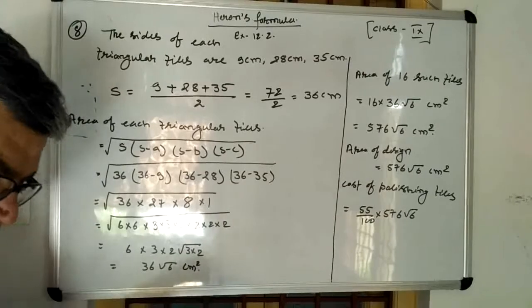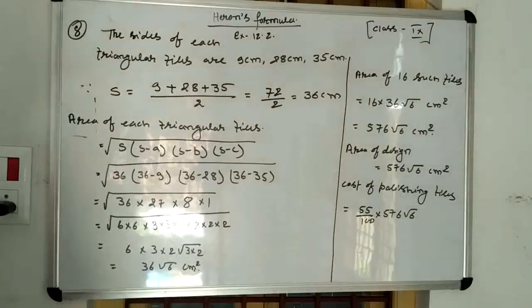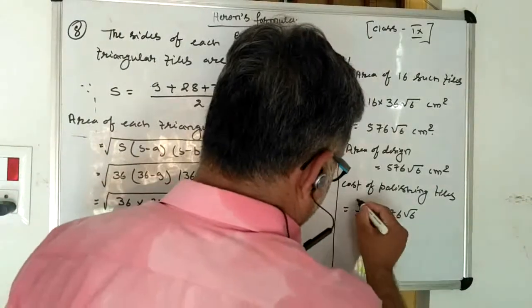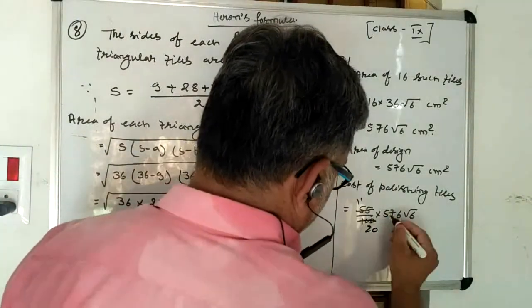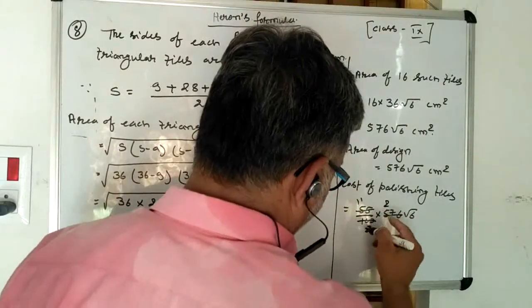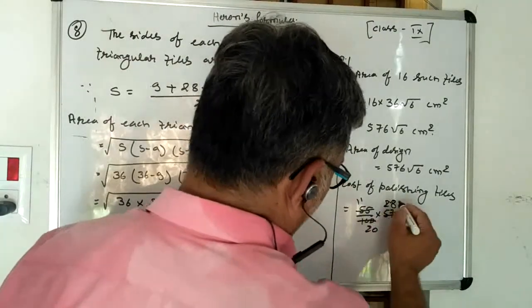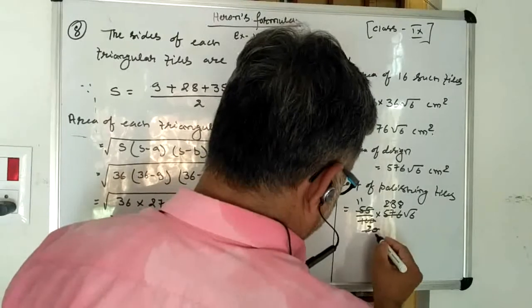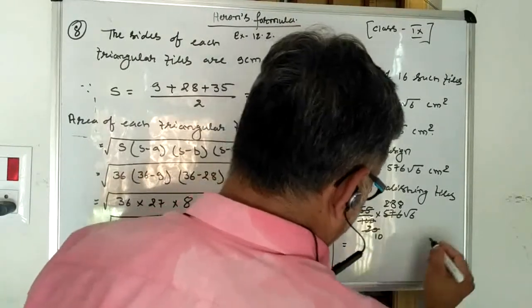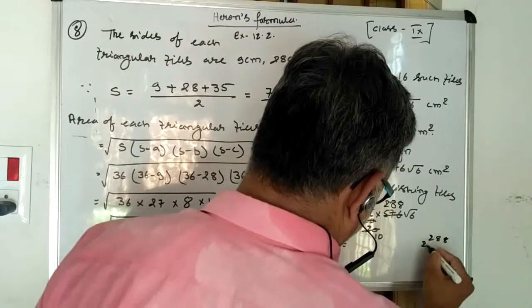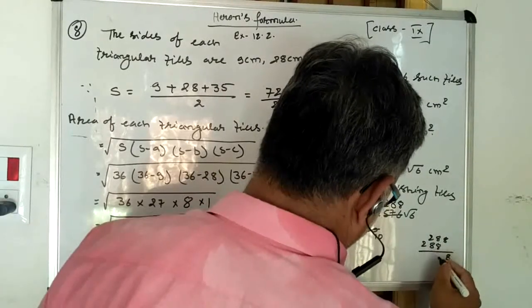When you multiply, 50 by 100 cancels by 5, then by 2, and we get 288 into 1 by 1. So when you multiply 288 by root 6, that is the required cost.